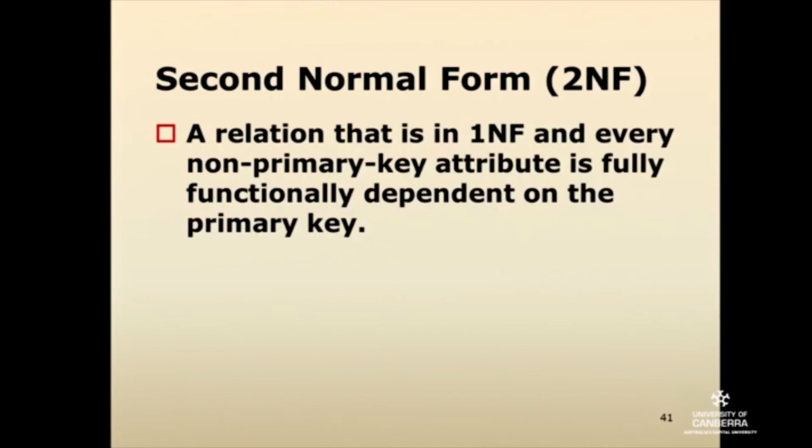The whole idea is that every attribute in every entity should just be determined using the primary key of that entity. So that means set your primary keys correctly. So second normal form says any non-primary key attribute should be only determined by having the value of the primary key for that row of the table.